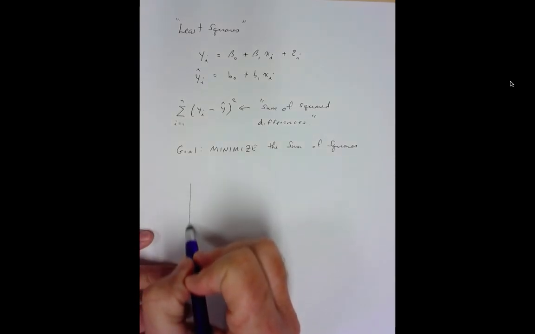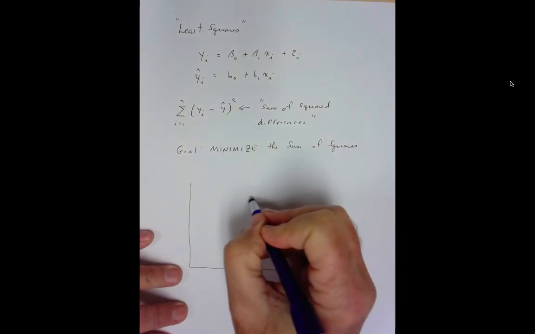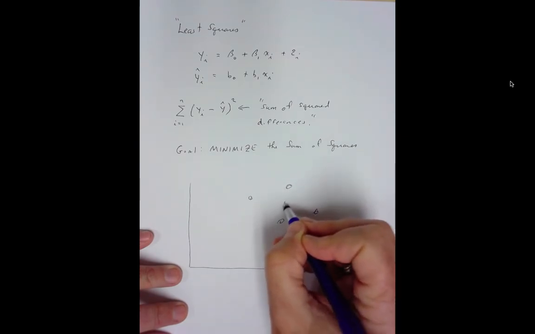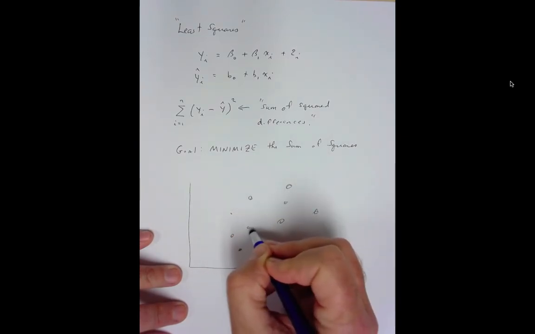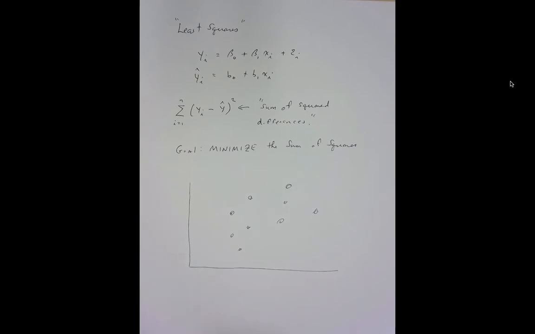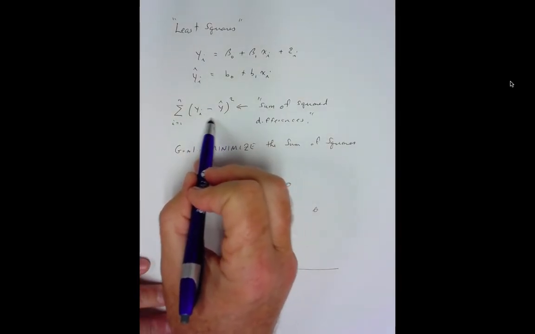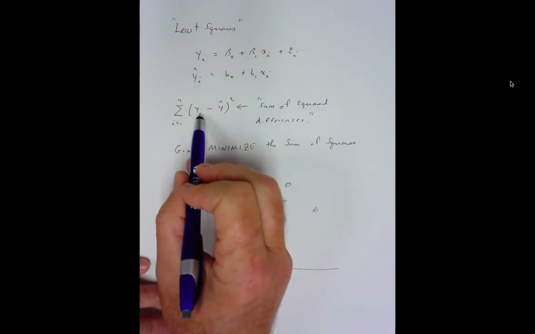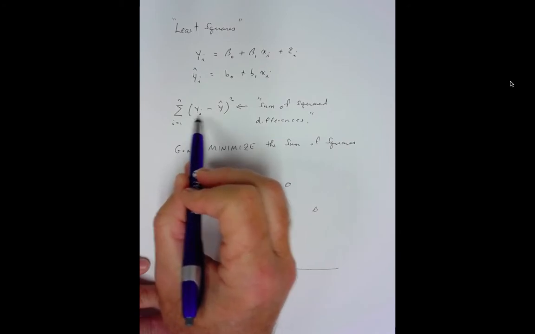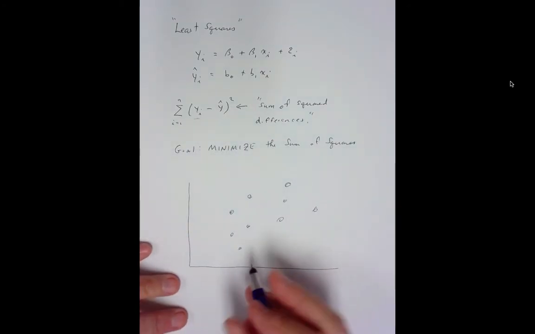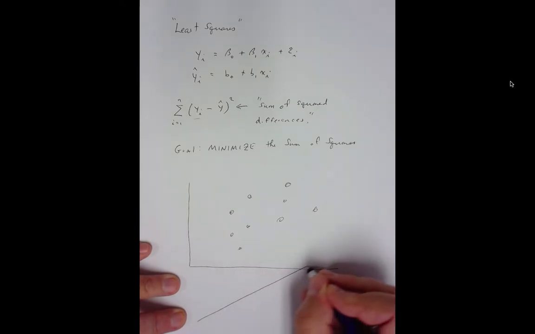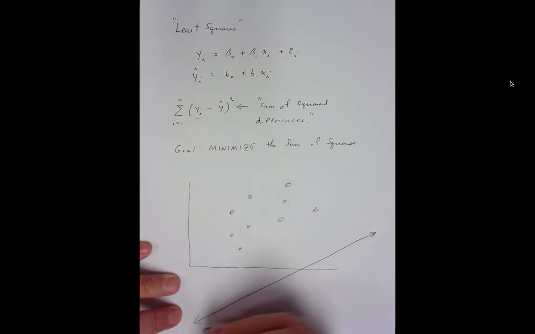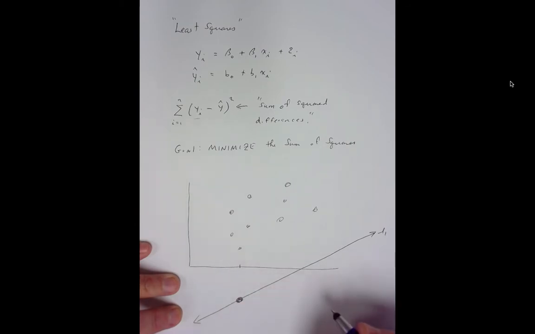So anyway, guys, what happens is we've got our data here. And essentially, what does this difference tell us? This difference tells us that we're examining the difference between the actual value and the predicted value. So we come in and we create a line. Let's just say that we create this one right here. Well, when I come into this x value right here, my predicted value is this.